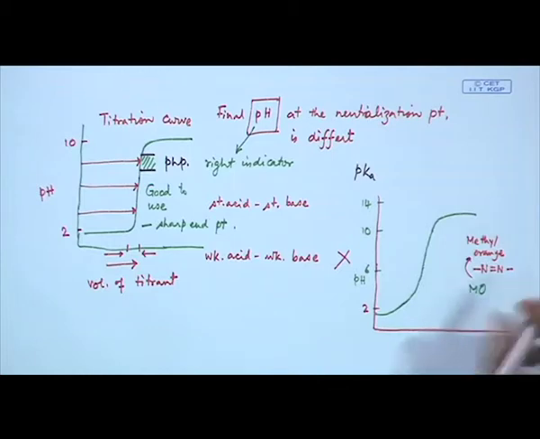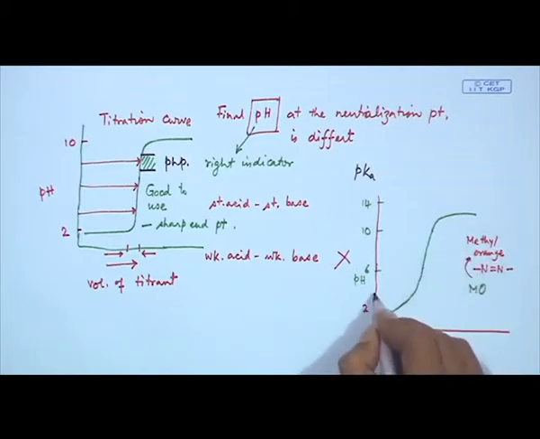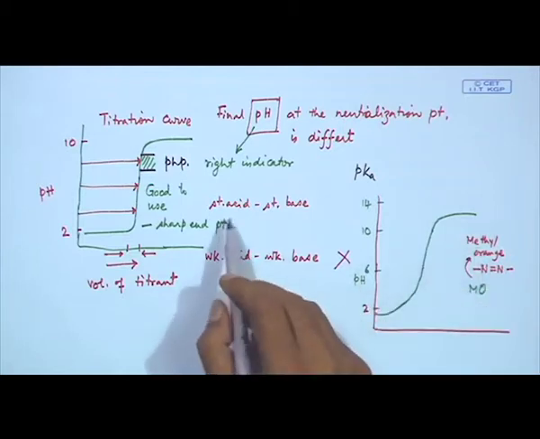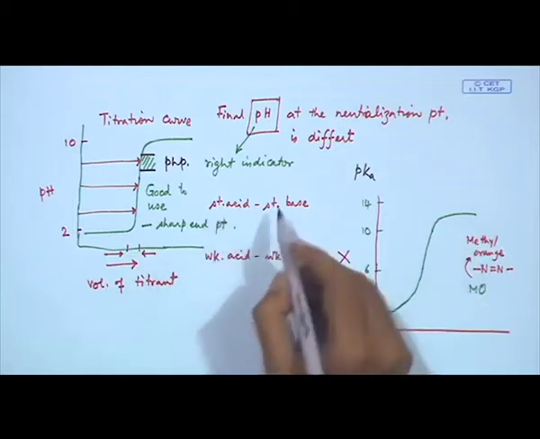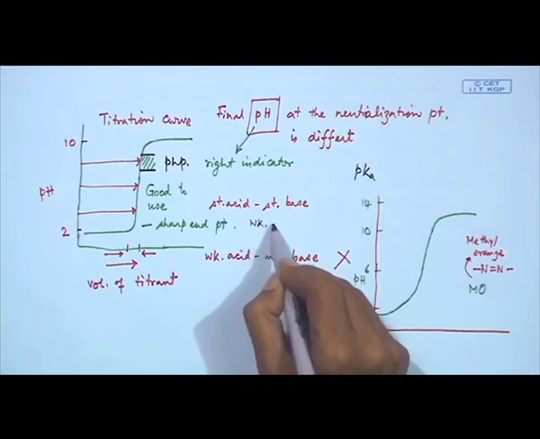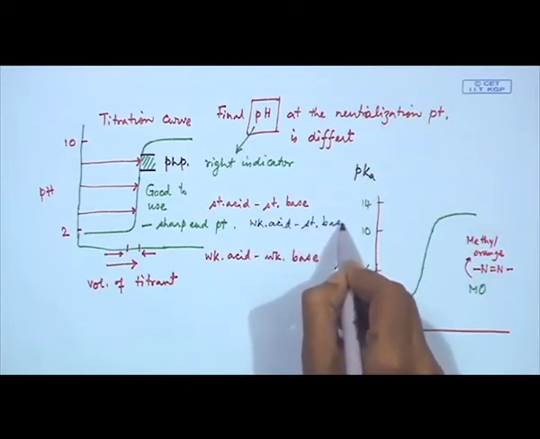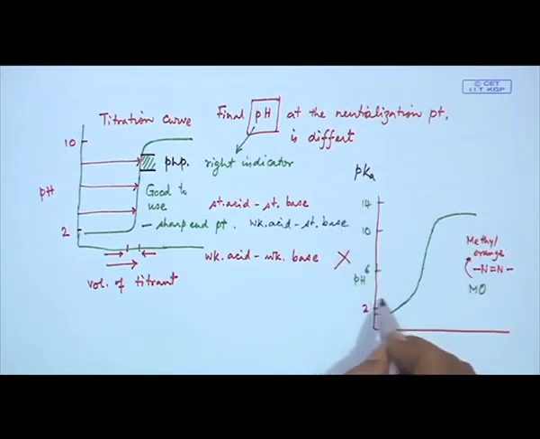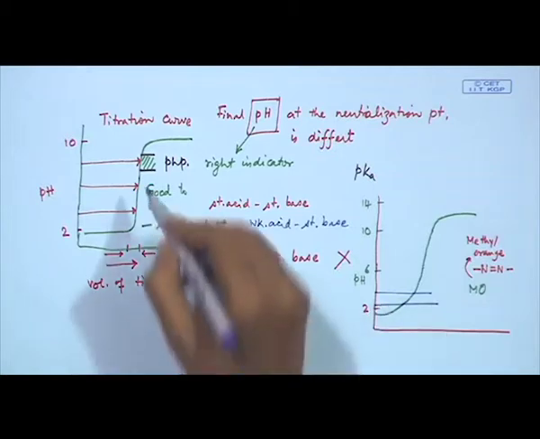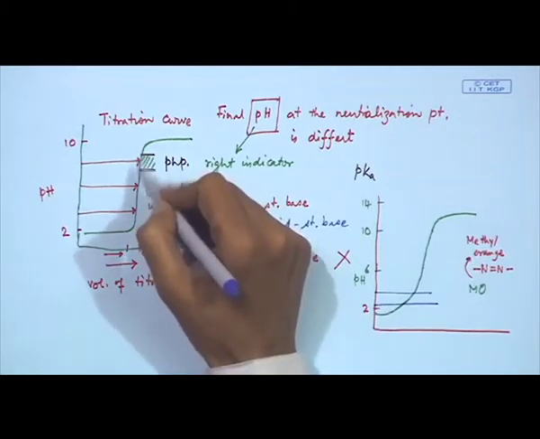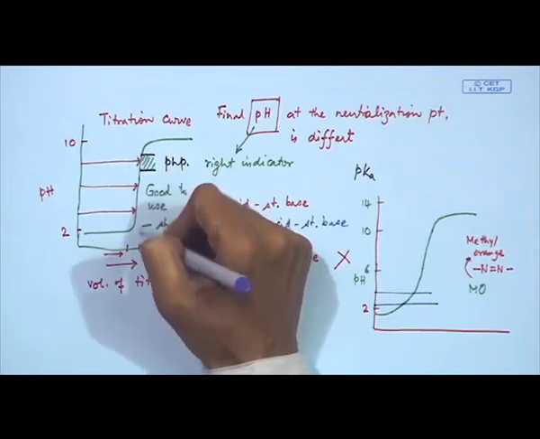So, what we see is that in this particular case, even for the strong acid strong base condition or the weak acid strong base titration, if this range is coming over here only, you see this is very much vertical and the horizontal one is very sharp and there is not much volume change.